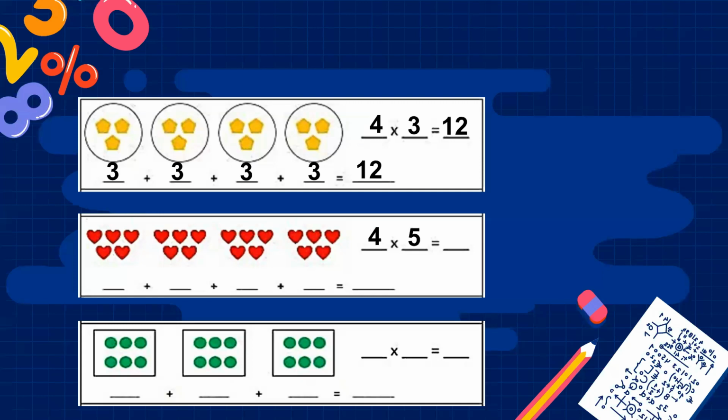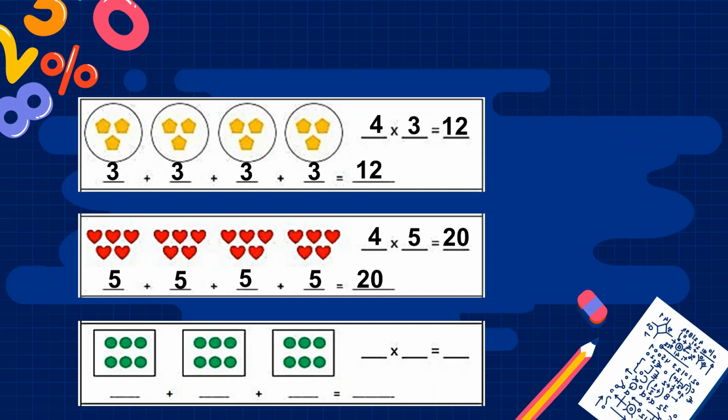So 4 times 5 equals how many hearts are there altogether? SR, can you count? 20. Okay, very good. So repeated addition, you can say 5 plus 5 plus 5 plus 5 equals 20. Very good.